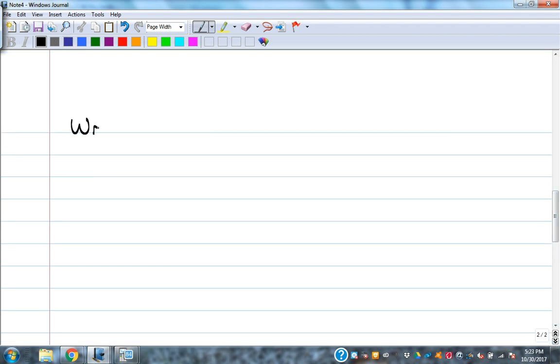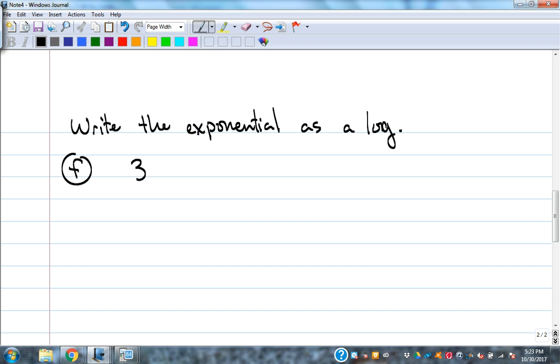And let's write the exponential as a log. 3 to the x is equal to 27.